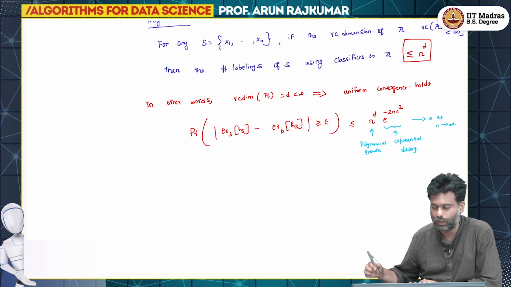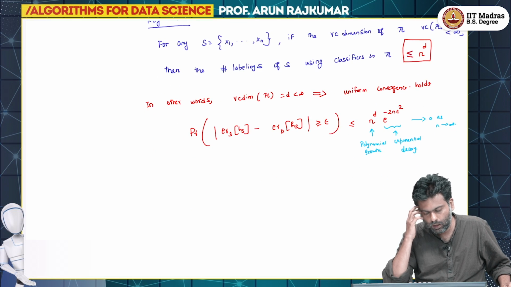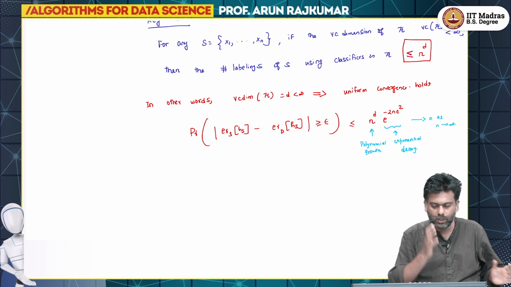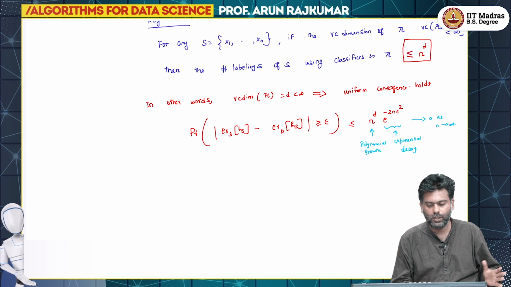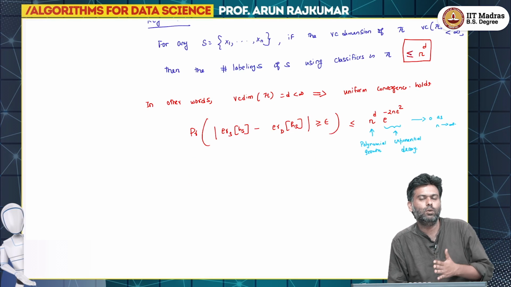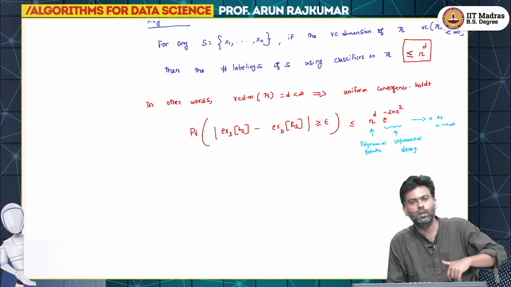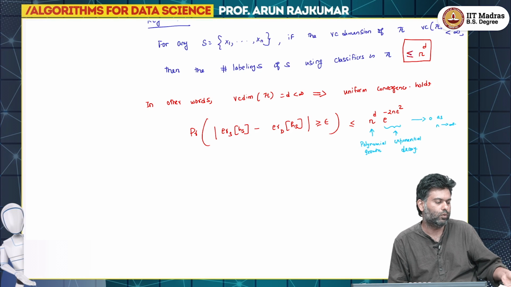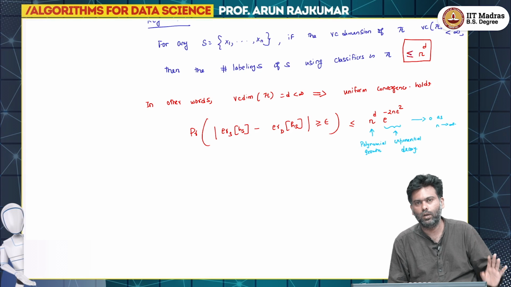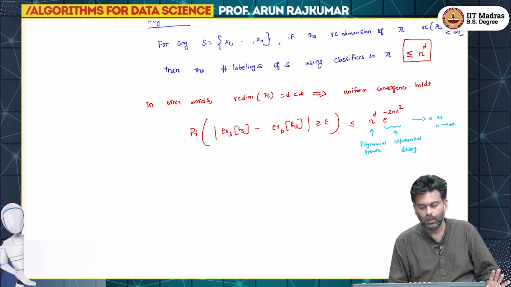So, that's a major result. Of course, there are many more implications of the VC dimension. We are only seeing one directional implication: finite VC dimension means uniform convergence, or learning is possible. In fact, the other way is also true, but I'll not really talk about that in this course. I leave that for a full-fledged statistical learning theory course.